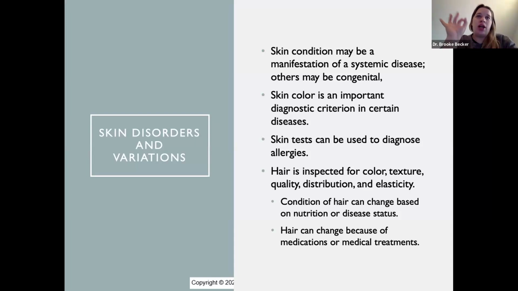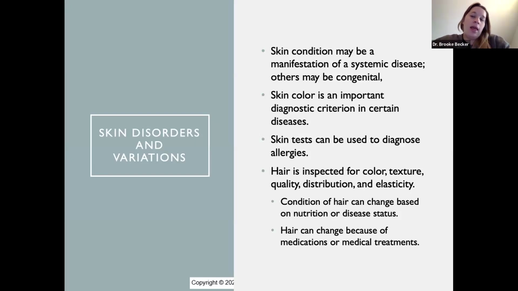And then they inject that little bit of that allergen into your skin, and then they wait a few minutes to see if you wind up having a wheal or a hive to that antigen or that allergen. And then that's how they look at diagnosing allergies in kids. That's the most common and most accurate way to diagnose allergies. They do have blood tests that you can do, but those aren't as accurate.